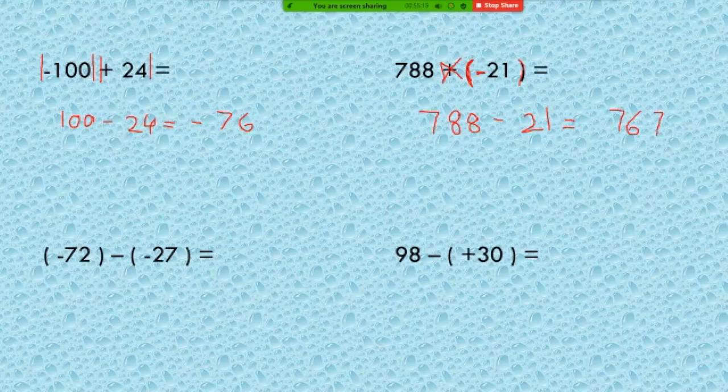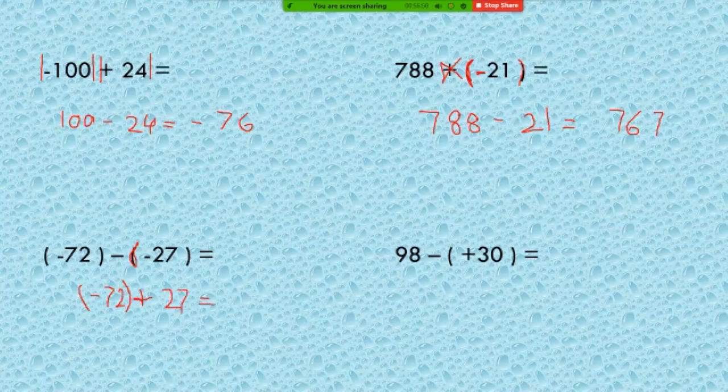Next question. Minus 72 minus minus 27. Now for same signs, minus before and after a bracket, there is one more rule: with the same sign it becomes plus. Minus becomes plus. So here minus 72 plus 27.